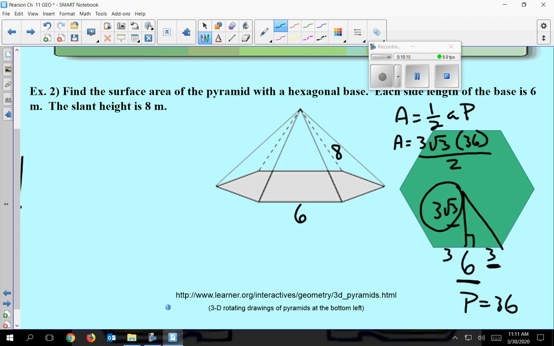Okay, I multiplied out 3 square root of 3 and rounded it to 5.2, multiplied that by 36, and then divided that by 2. I get an area of 93.6, and that's rounded, okay?